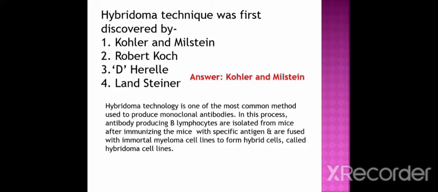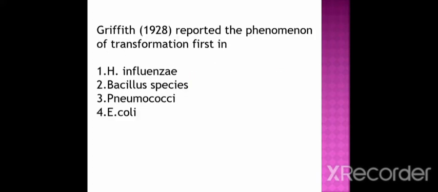In this process, antibody producing B lymphocytes are isolated from mice that are immunized with specific antigen, and it is then fused with immortal myeloma cell lines to form hybrid cells called hybridoma cell lines.